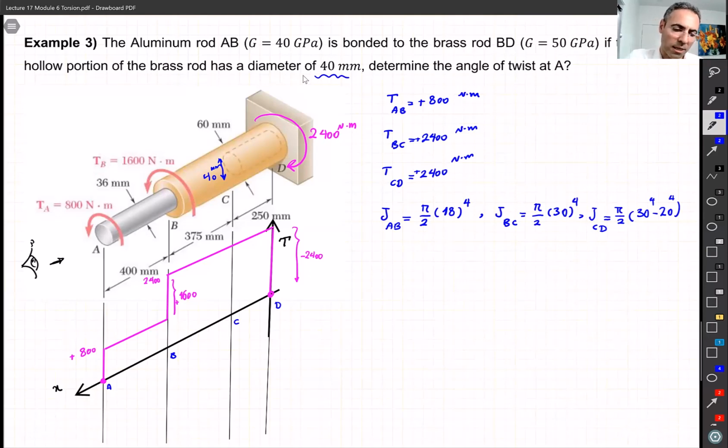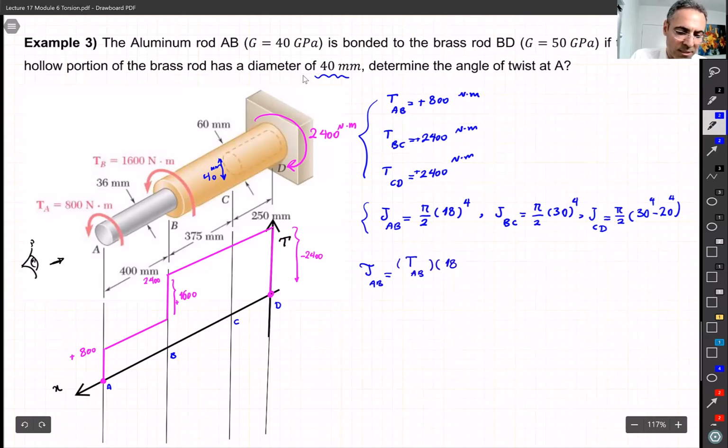We got T, the torque, and we got also J for each section. Now the rest, let's just substitute the numbers. The stress from A to B is TA to B radius, which is 18 J A to B. Stress in portion of BC is TBC.